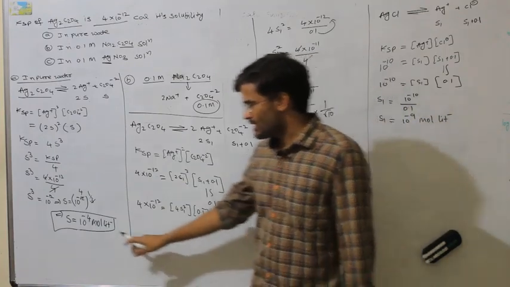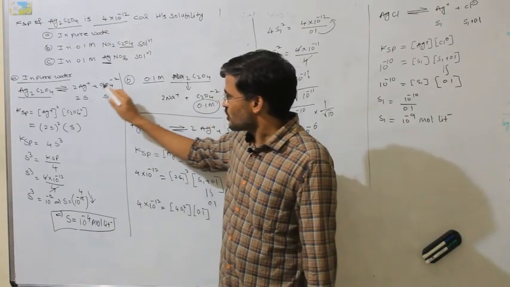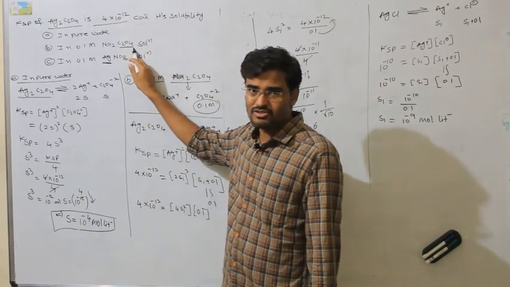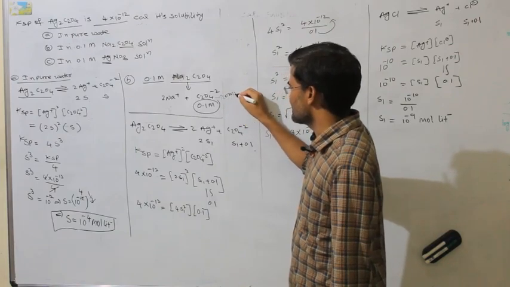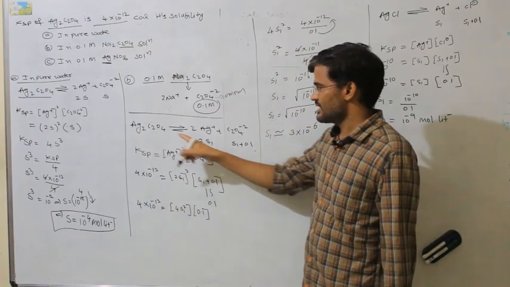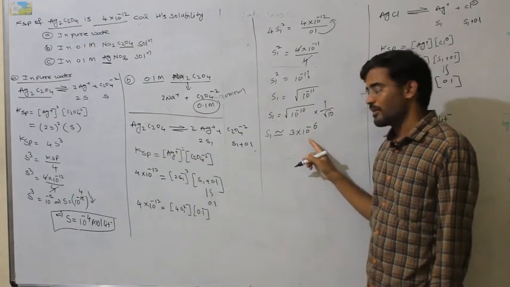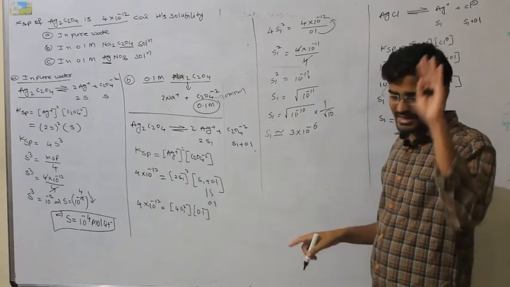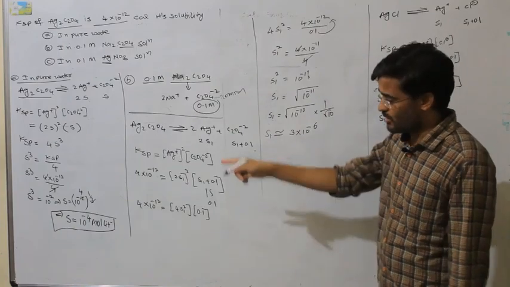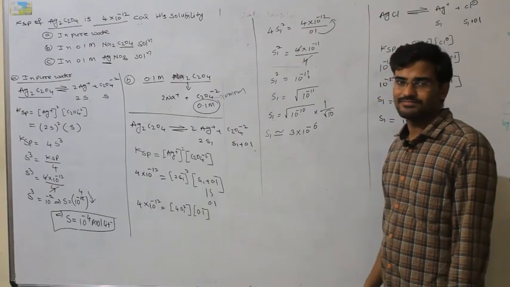So what is the pure water solubility? 10 power minus 4. But when you add it in sodium oxalate solution, due to having the common ion, the solubility of silver oxalate is suppressed. So the new solubility has come approximately 10 power minus 6. It means almost 100 times decreased, 10 power minus 4 to 10 power minus 6.